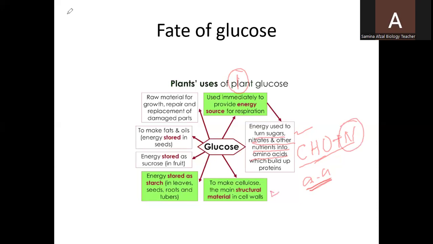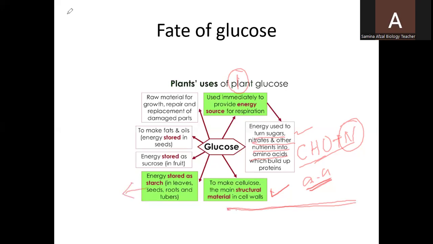To make the cellulose cell wall, cellulose will be manufactured from these glucose molecules which are manufactured during the process of photosynthesis. Many glucose molecules will join together to make one long chain of cellulose fibers. And the next is energy stored as starch.